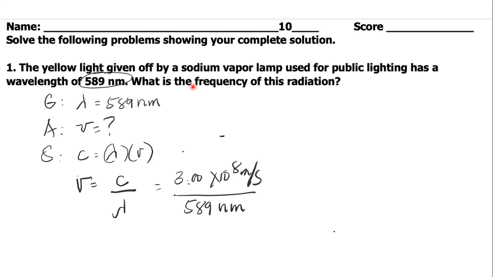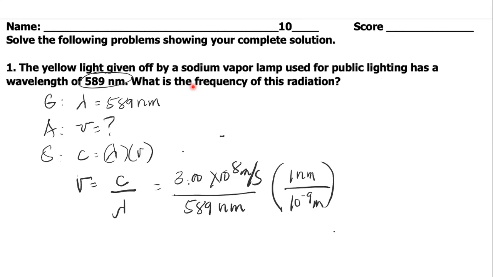Please take note that we need to check the units of the variables. We have here speed of light in meters per second and wavelength in nanometers. We cannot cancel the unwanted unit because the other length is expressed in meters. Thus, we add another conversion factor here. 1 nanometer, and nano means 10 to the negative 9 meter.